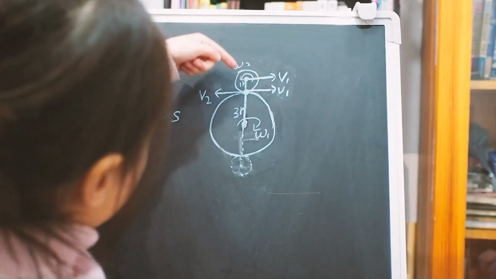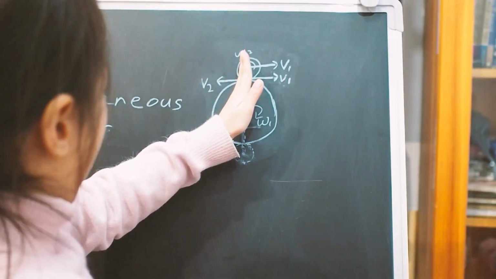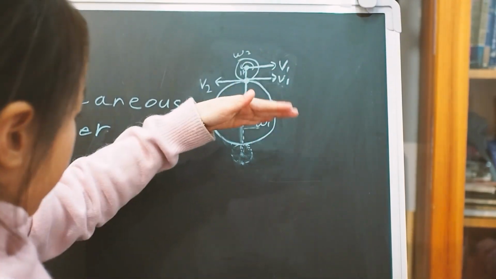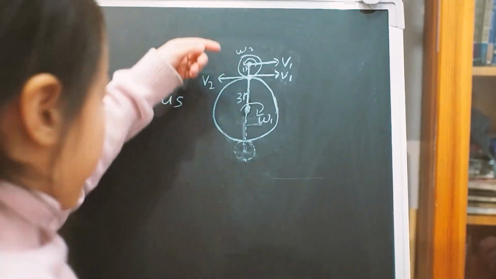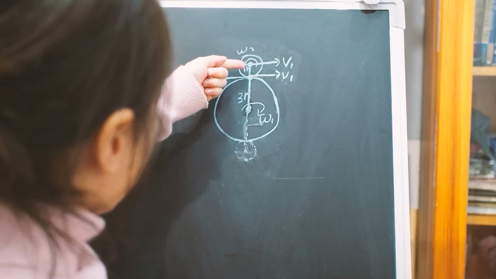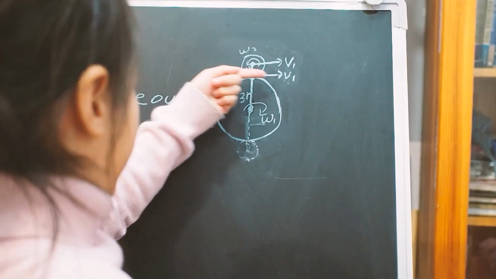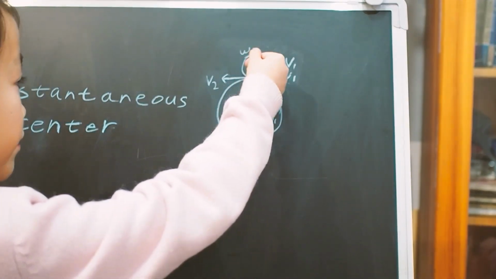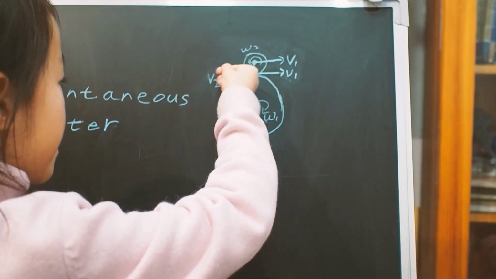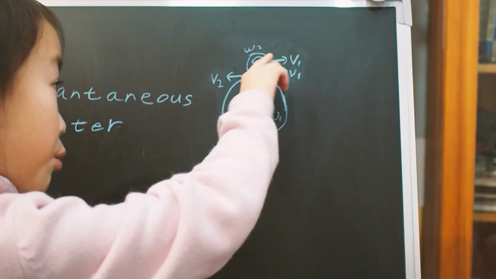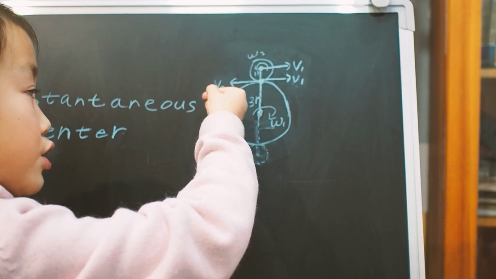These two circle centers, and we have a stick right here, and we push the stick. So we're rotating, and of course this point has a velocity v1, and here I have a v2.